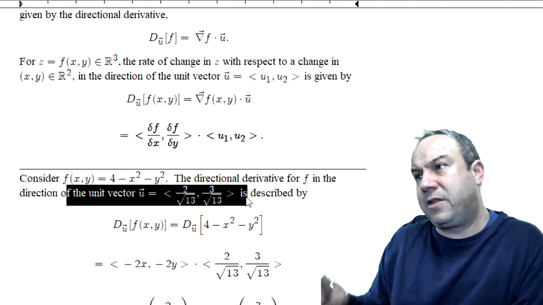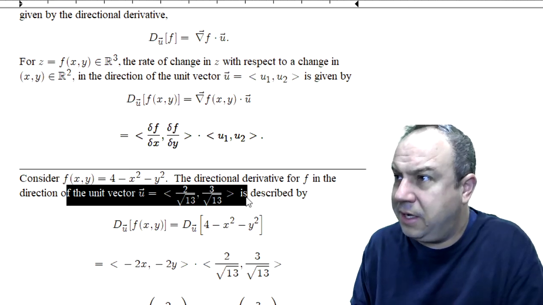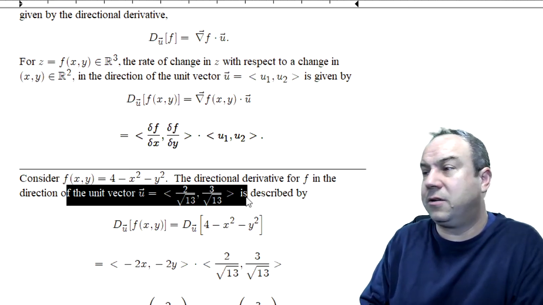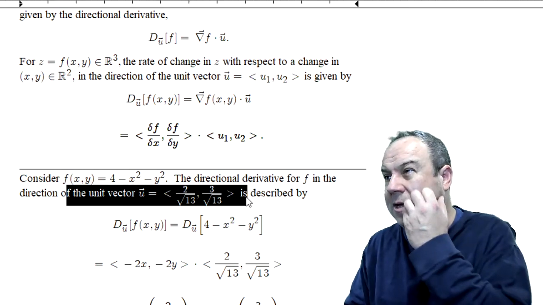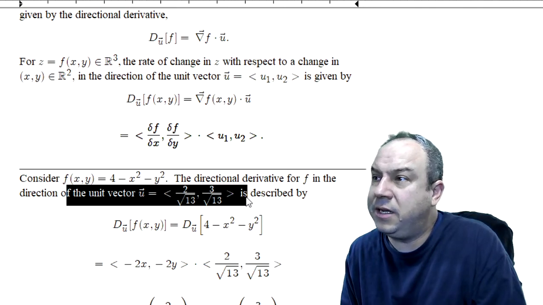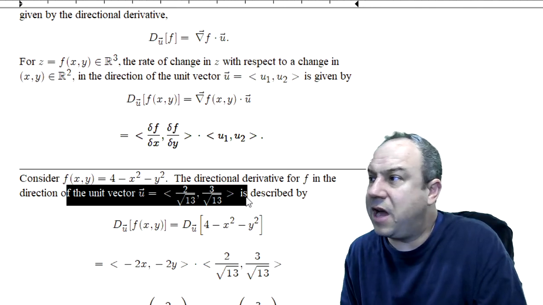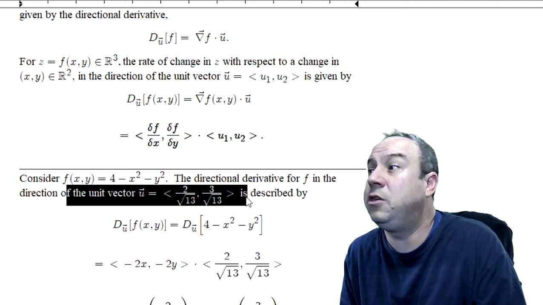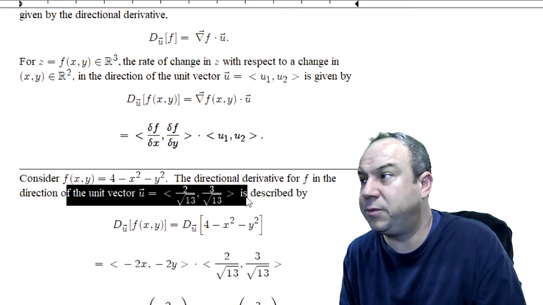Note, this is a vector that moves in the direction of 2 comma 3, but u always must be expressed as a unit vector. So in the direction of 2 comma 3, the magnitude of that vector is the square root of 4 plus 9, or the square root of 13 in value. So we divide by the magnitude, and that will make that direction vector 2 comma 3 into a unit vector in its description.